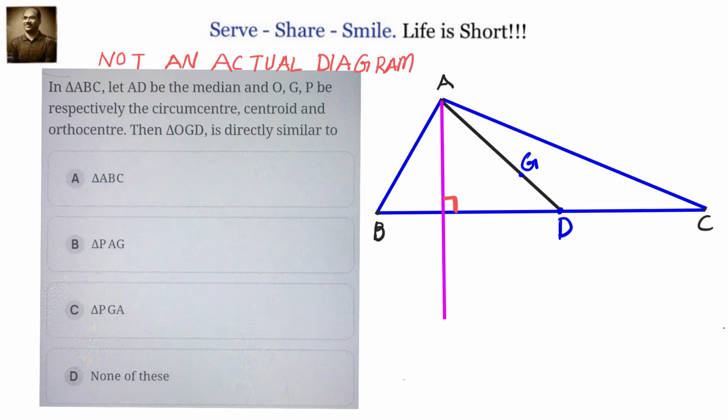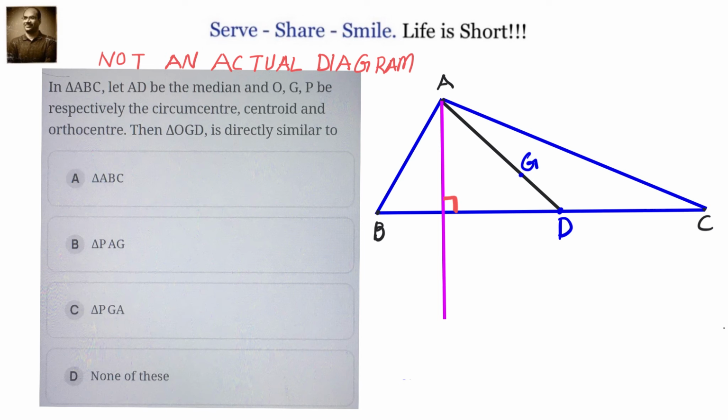Now let us see next what we have. Circumcenter. So we understood that this is the centroid and we know that orthocenter will be a point on this altitude. We don't know where it is. Similarly, what is circumcenter? Circumcenter is point of intersection of perpendicular bisectors. Already we have median here. AD is the median, that means D is midpoint of BC.